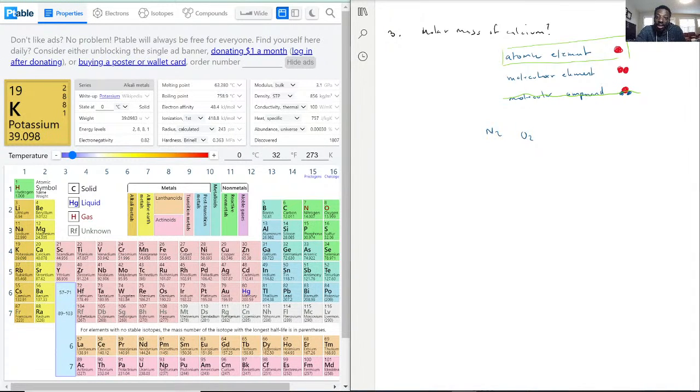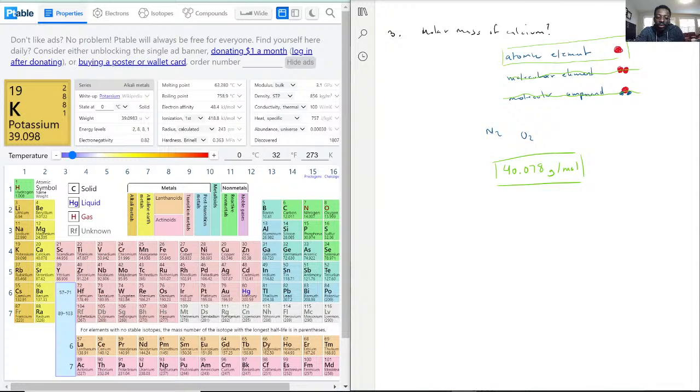Typically, as soon as they mention a metal, you can assume it's an atomic element when it's by itself. That way you can look at the periodic table, and whatever they have as the atomic mass unit is also going to be its molar mass. So with calcium, 40.078 atomic mass units would also be its grams per mole, because it's an atomic element, okay?